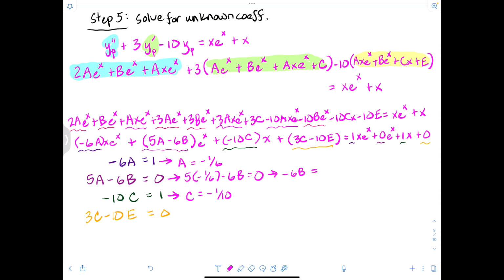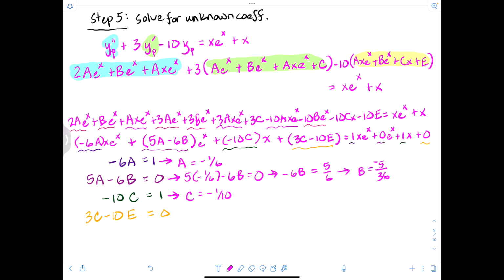Well, we'd have negative 5/6 that we'd be adding to the other side, so we would get 5/6. And then when we divide both sides by negative 6, we would get b is negative 5/36.